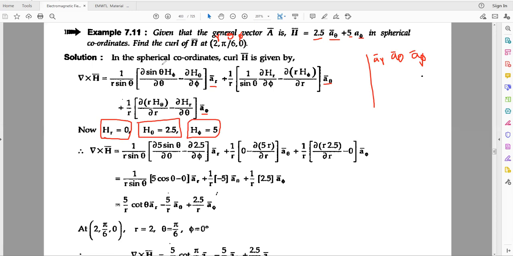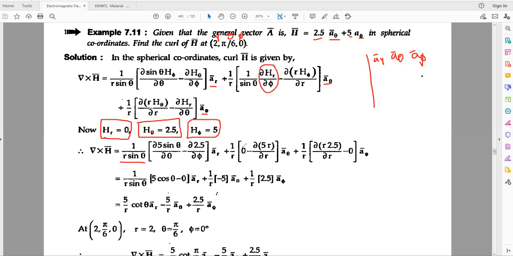Substitute these values at the point 2, pi by 6, and 0, and find the curl of H bar. So 1 by r sine theta, dou by dou theta of H phi. What is H phi? It is 5 sine theta. And H theta is 2.5, dou phi, into AR bar, plus 1 by r into, there is no HR coefficient.